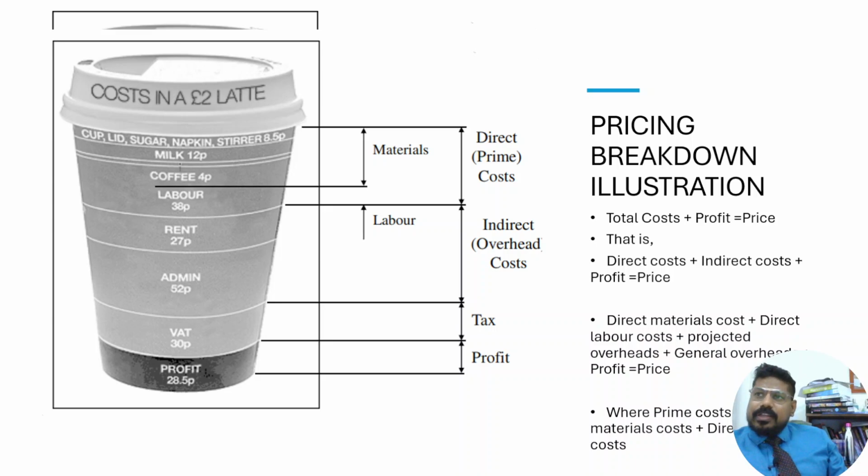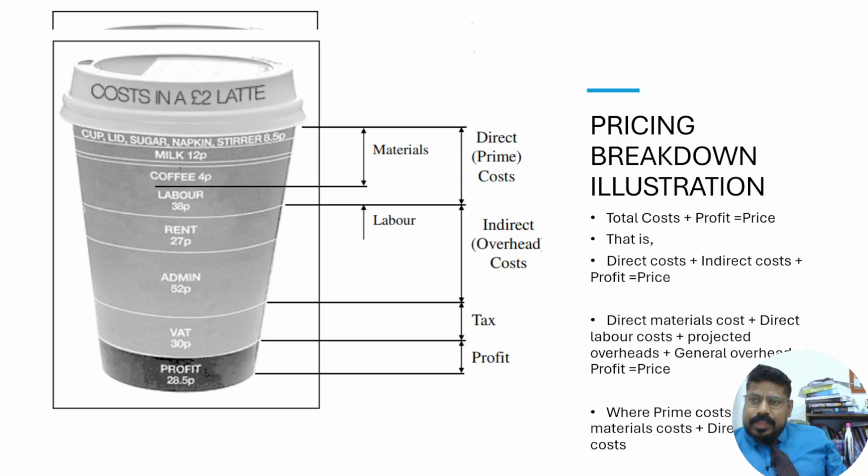So what we are doing is further dividing the total cost part, where prime cost is equal to direct material cost plus direct labor cost. So let's say in this cup of coffee, the direct cost is material plus labor.